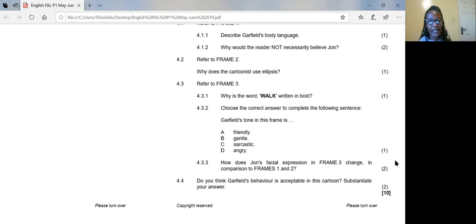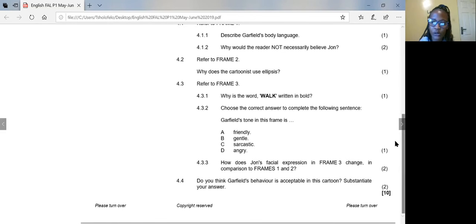The question says, facial expression in frame 3 in comparison to frames 1 and 2. In your answer, I'm expecting you to tell me this is how John is in frames 1 and 2 compared to how John is in frame 3. I must be able to spot the difference in the frames.